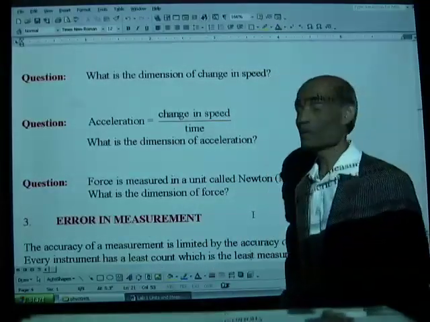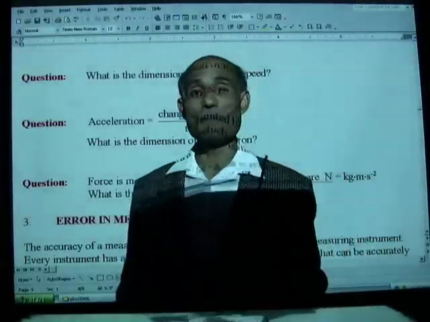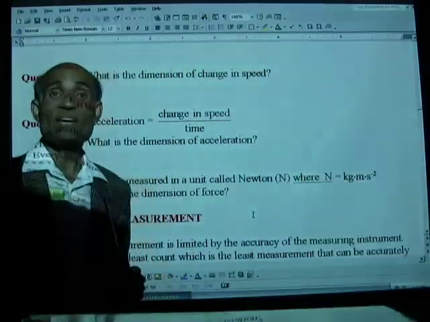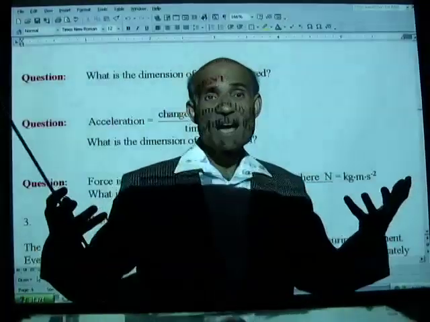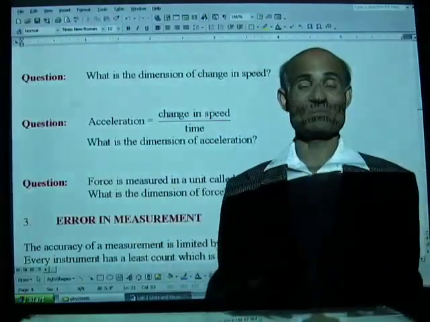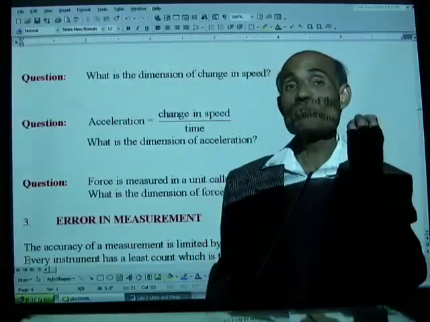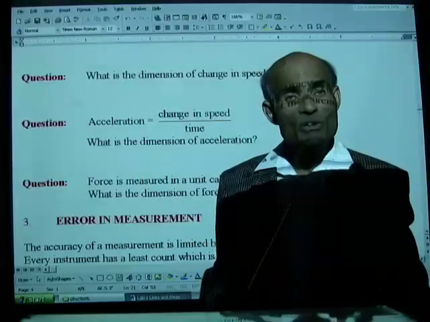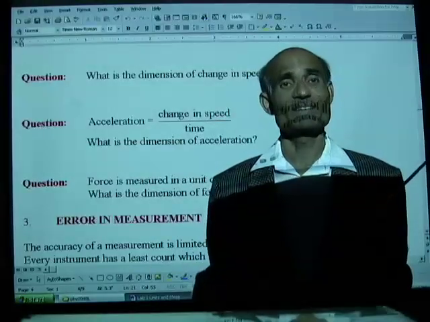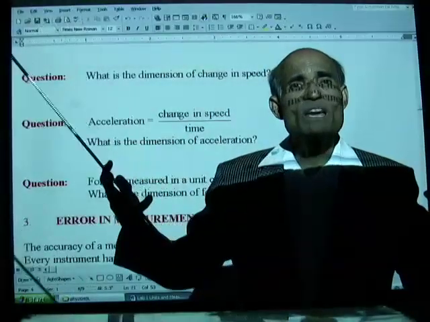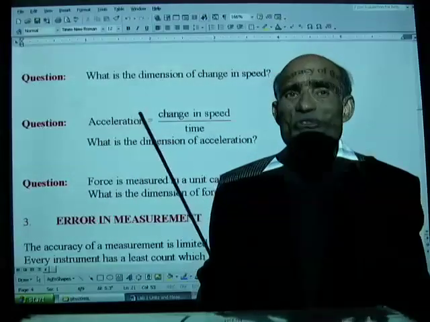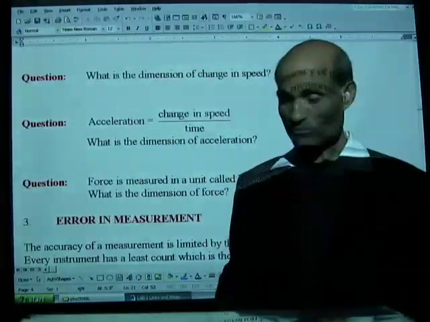Let's now talk about error in measurement. You see, in the lab, whenever you do lab, you will be taking measurements. And whenever you take measurements, error is part of measurement. Tell me, what are some of the ways you can make mistakes in your measurements?